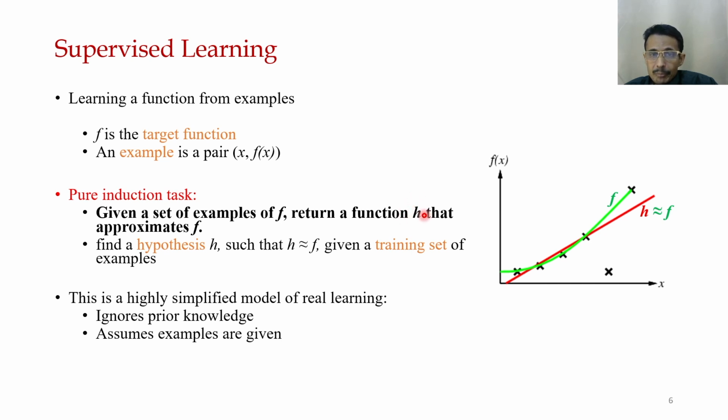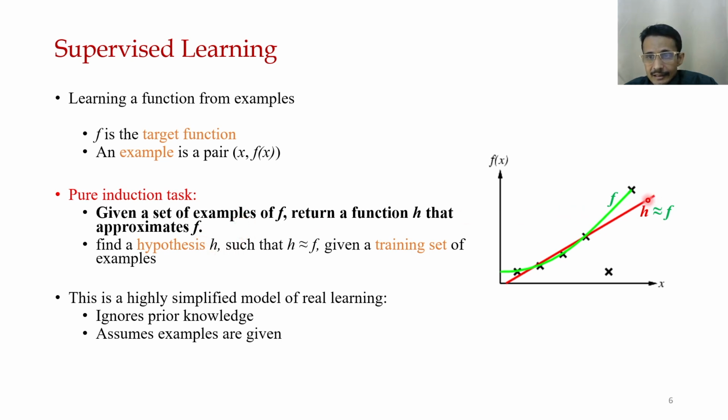And how do we get this h? By virtue of these data points. So the main agenda is to find a hypothesis function h such that h approximates f very well, given a training set of examples. This is the main aim of regression.